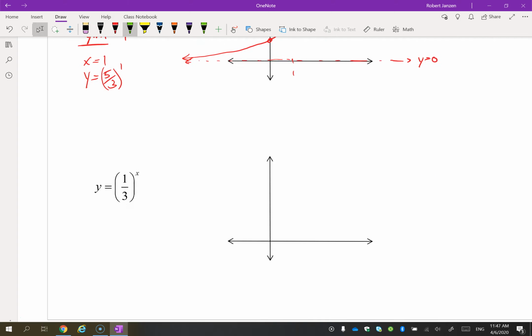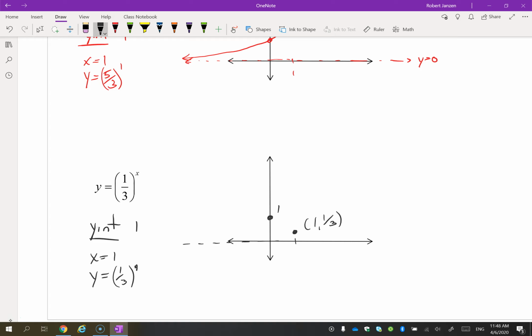Let's try this one. So y-intercept, if x is 0, you get 1. And then if we make x equal 1, y will be 1/3 to the power 1, which would just be 1/3. So this time, the point is down here.